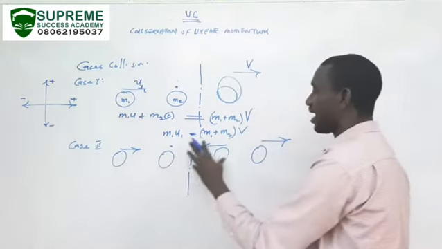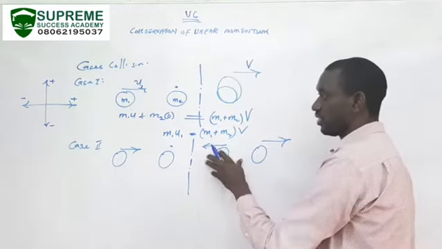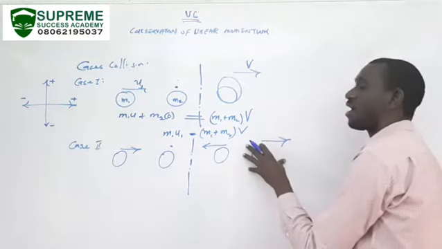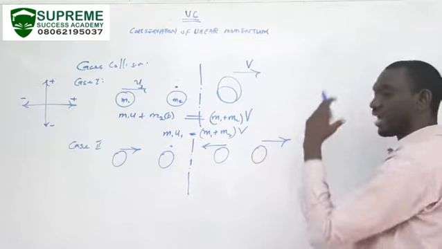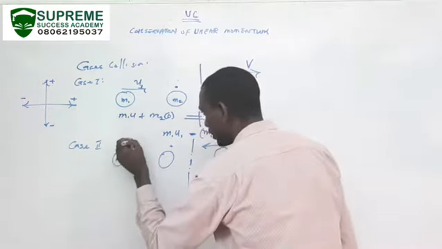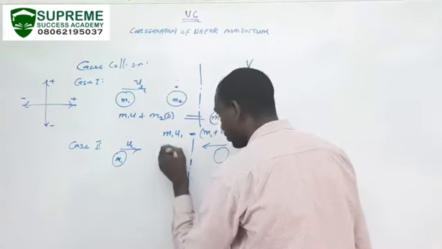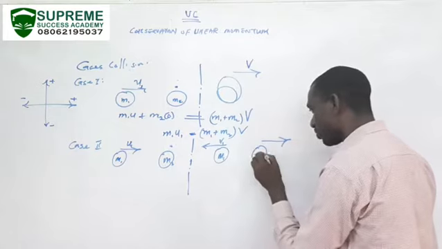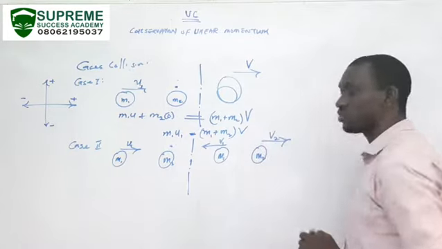After collision, it moves back, it changes direction, and the other object moves in the direction of the initial object. So let's call this one M1, U1, M2, U2 is 0, M1, V1, M2, and V2.